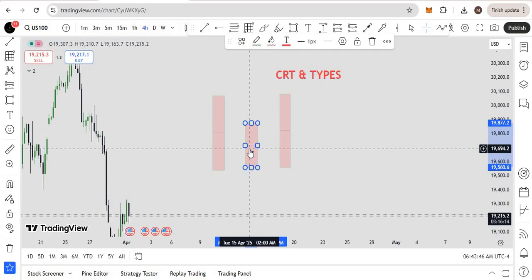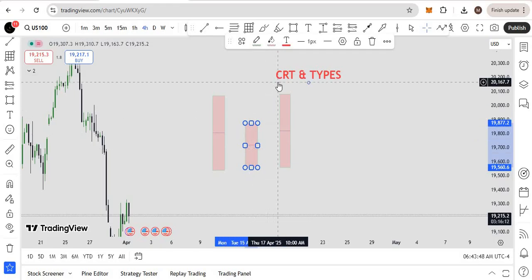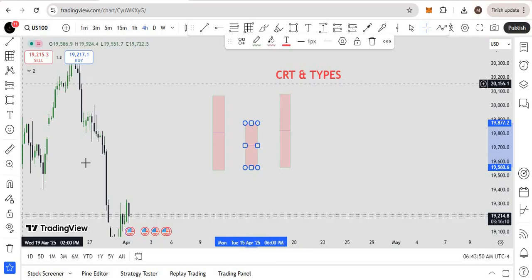So basically CRT is candle range theory. In it we specifically select one time frame. It can be monthly, weekly, daily, 4 hour or 1 hour.